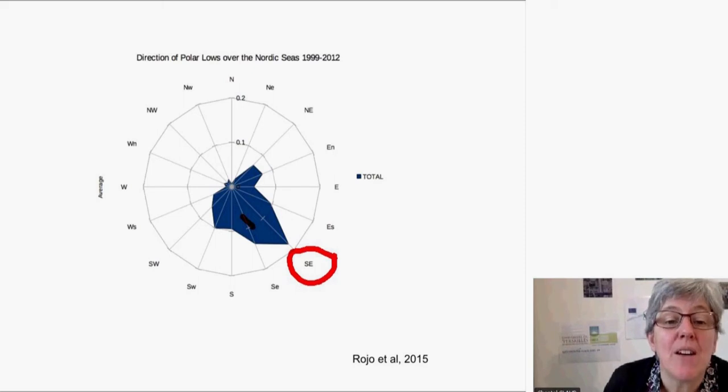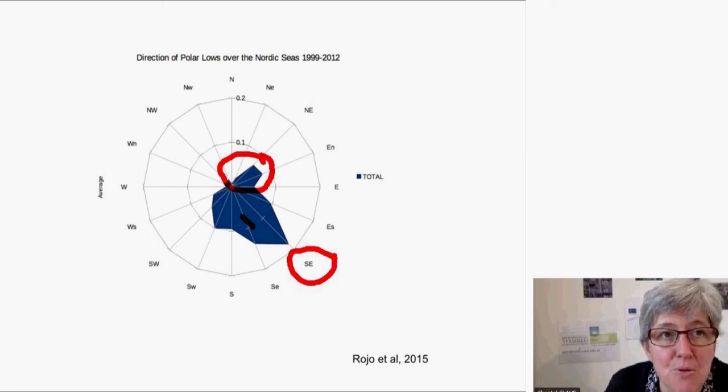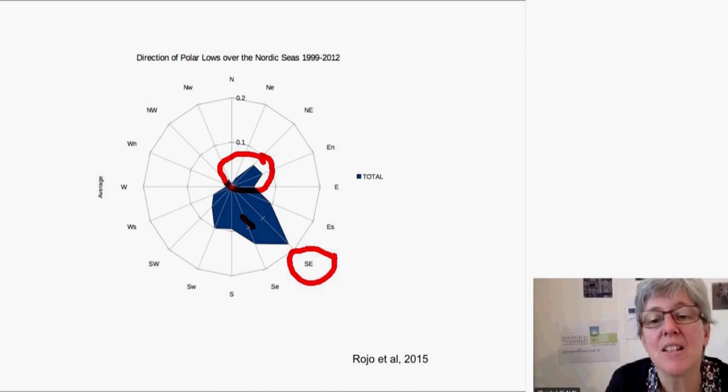But we have also seen that we have quite a few systems moving to the north, northeast mainly, maybe 20% of the systems. Even people used to looking at polar lows or forecasting them have been surprised by these results. They had not imagined that there were that many polar lows moving to the north.